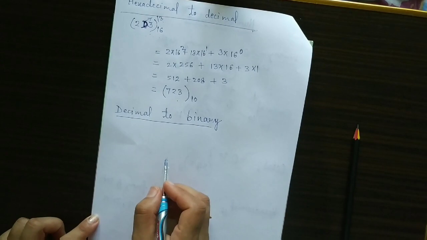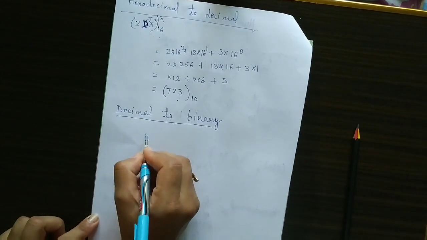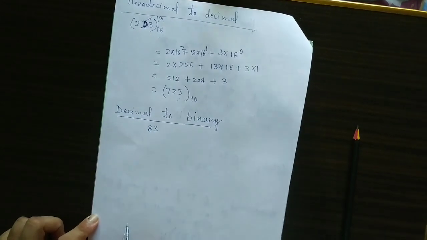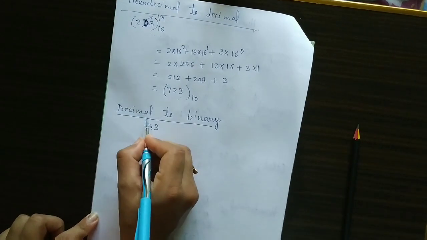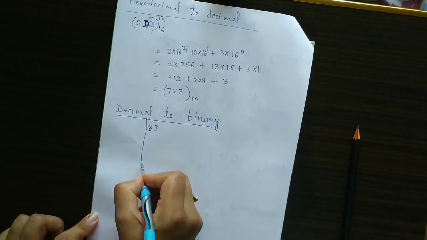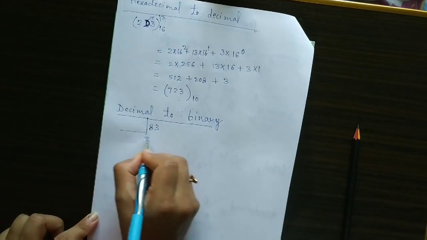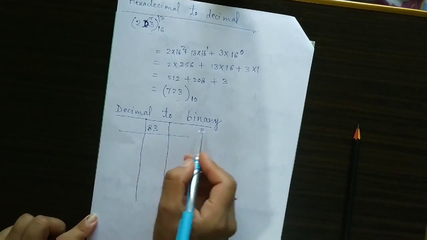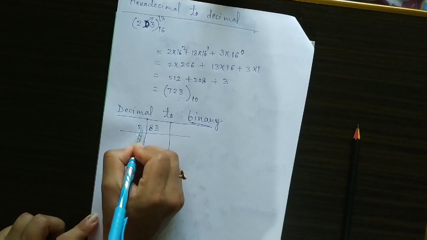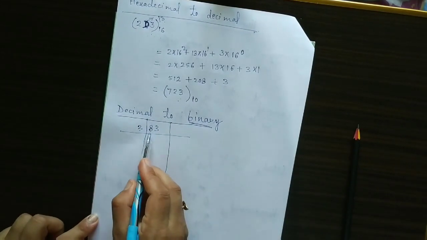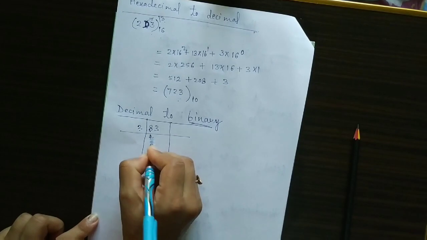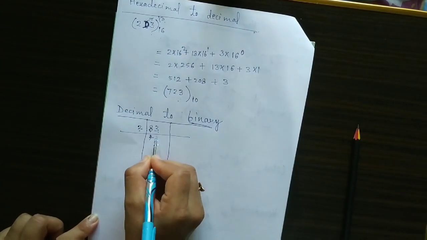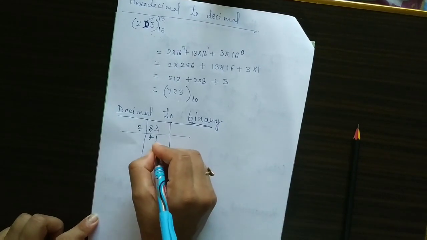For example, the decimal number is 83. You have to write this number and divide it with the base. Base of binary is 2. 2 4s are 8. You will write 4 here, and 2 1s are 2.